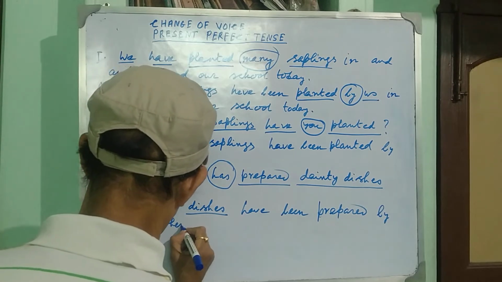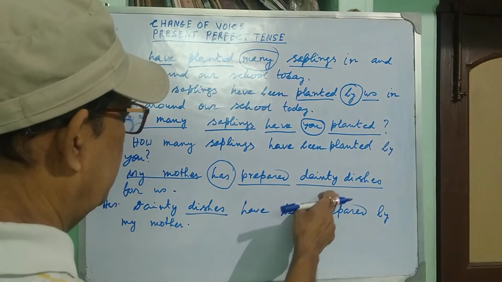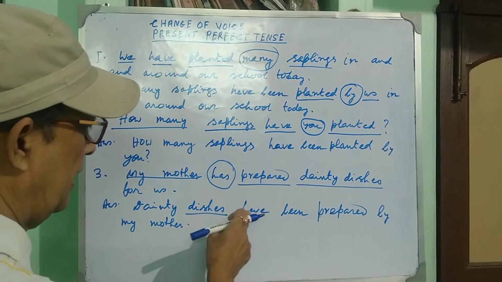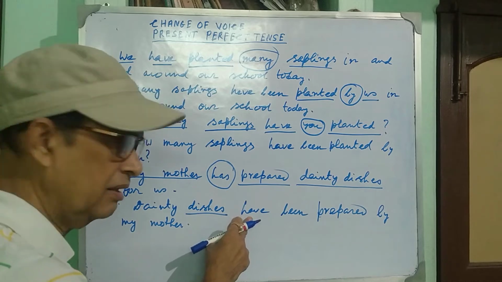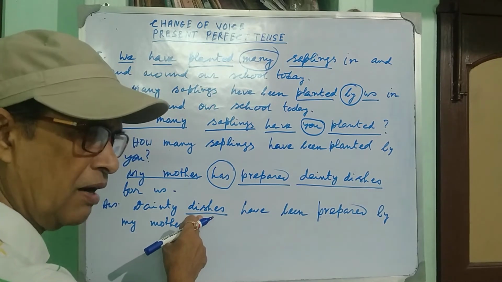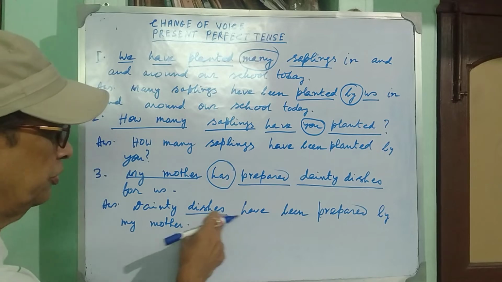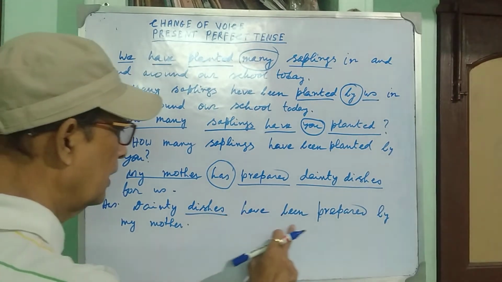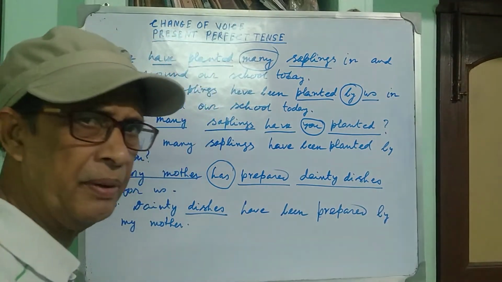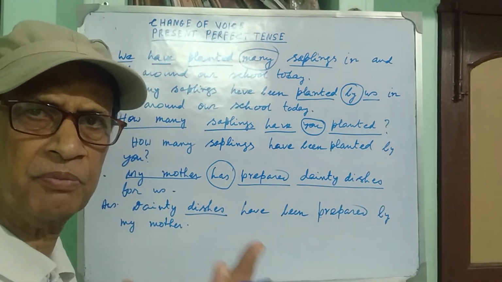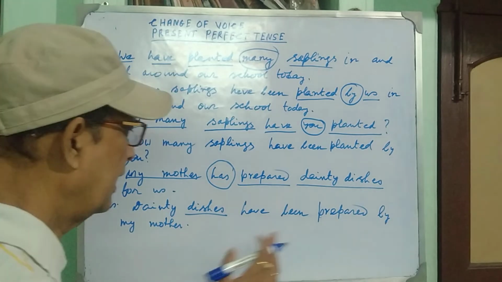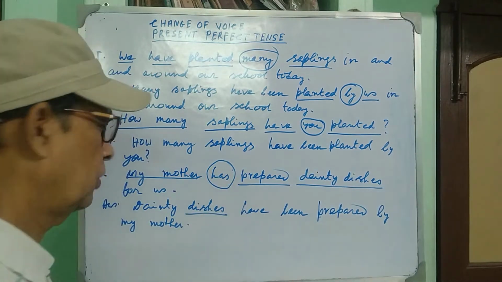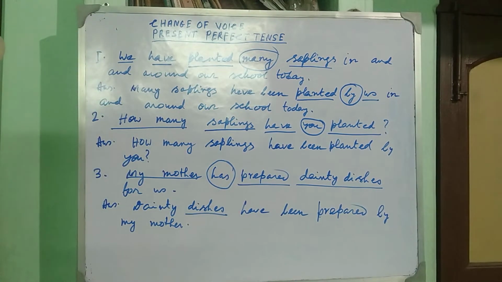Okay? So, the object becomes subject. According to the subject, you will have to use has been or have been. As the subject is plural number, you will have to use have been. যেহেতু সাবজেক্টটি বহুবচন, তোমাকে এই have been ব্যবহার করতে হবে। মূল ভার্বের past participle form দেওয়াই থাকে প্রেজেন্ট পারফেক্ট টেন্সে। Naturally there is no problem. Prepared by my mother. Okay? Now let us clean the board.